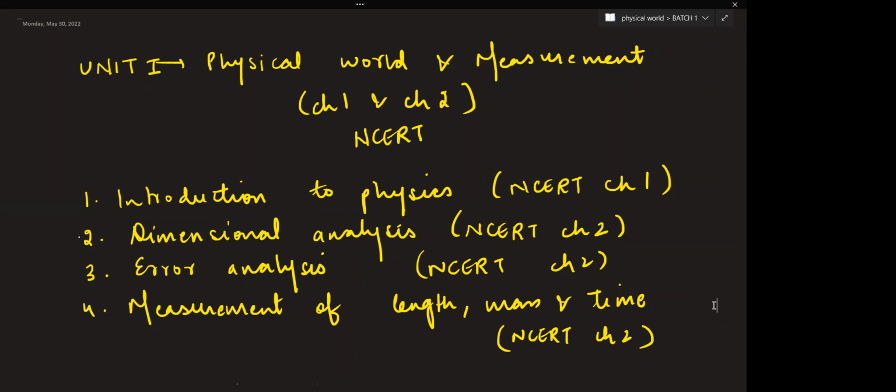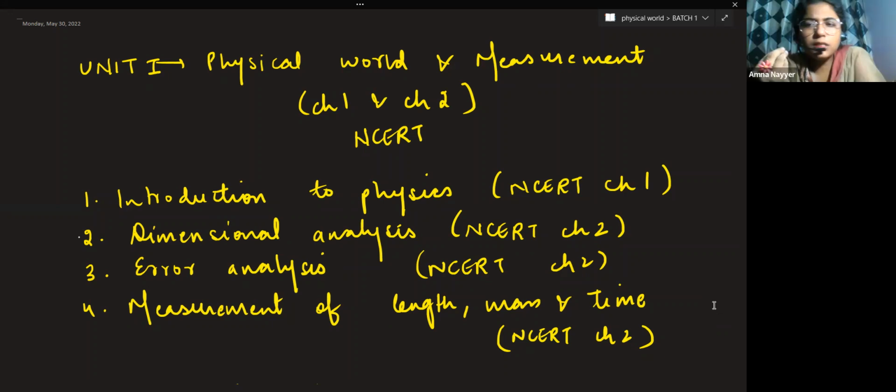Yes, ma'am. Okay. Now, just an introduction to the syllabus: your chapter 1 includes the introduction to physics, which has the basic motion and the forces available in nature. And from chapter 2 onwards, chapter 2 is divided into 3 parts. Major portion is comprised by dimensional analysis part. Third part is error analysis.